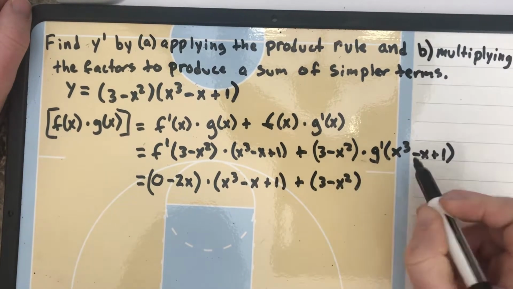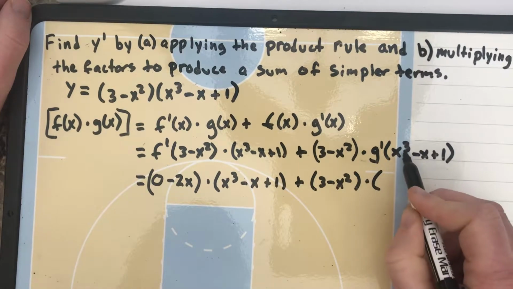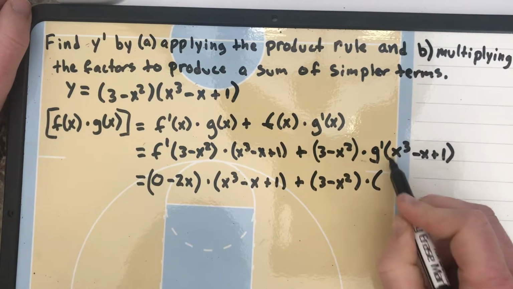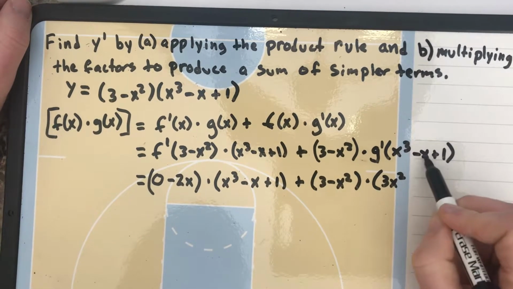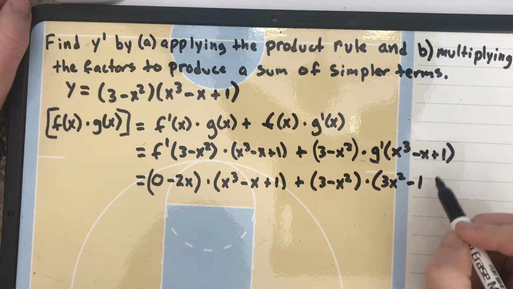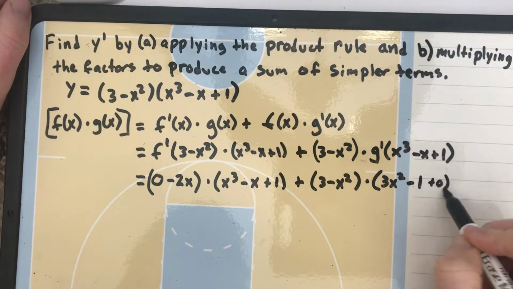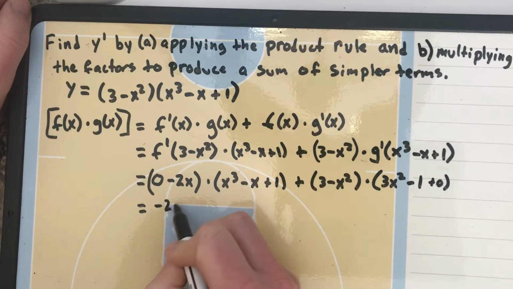When I take the derivative of this over here, I end up with 3x squared, right? The 3 comes to the front, so I get 3x squared. The derivative of negative x is just negative 1, and then the derivative of 1 is 0, so I end up with plus 0.